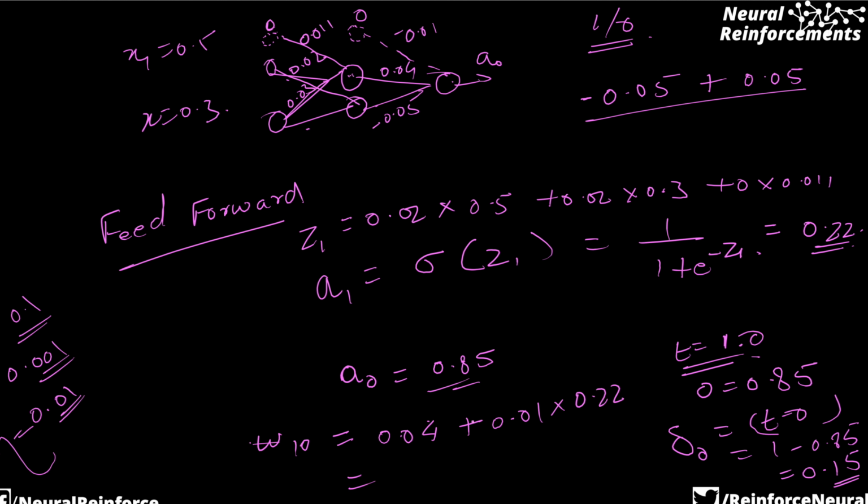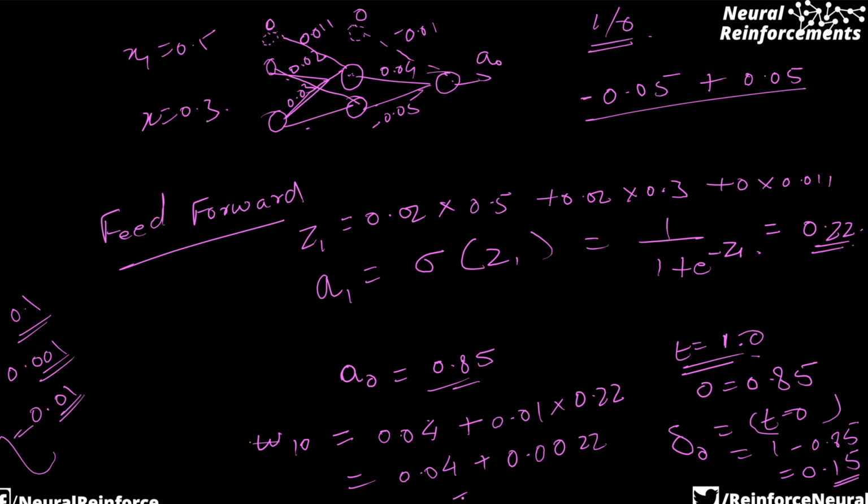And you remember this is plus, minus minus gets cancelled out and becomes plus, so this becomes 0.04 plus 0.0022, which becomes 0.0422. So this becomes the new value of W1, 0.0422, and so on and so forth. And similarly you will do for W2 out also. So this W1 out, and then you will compute W2 out.